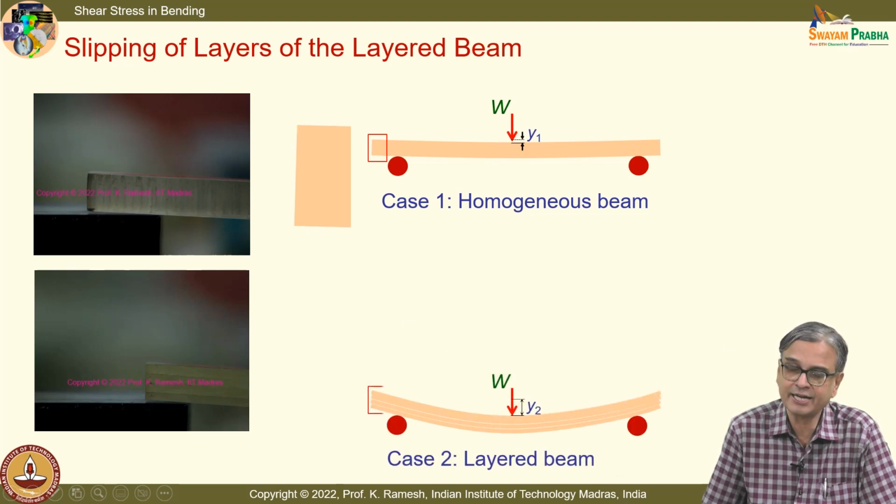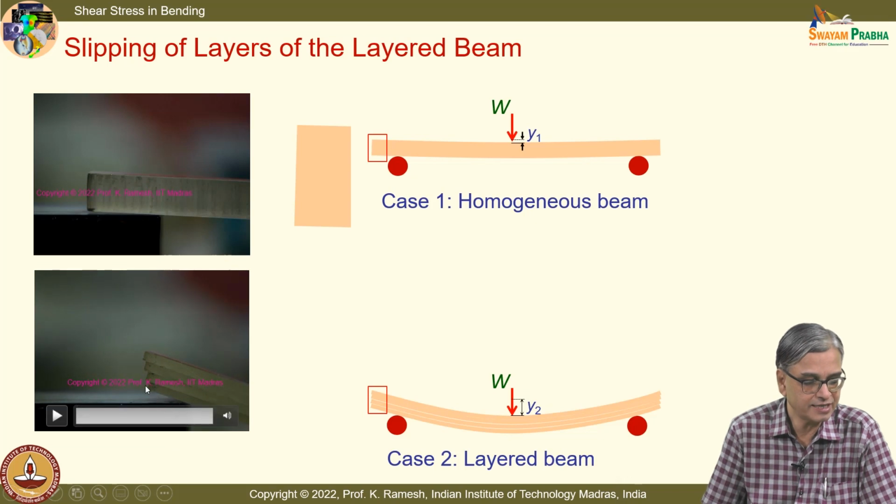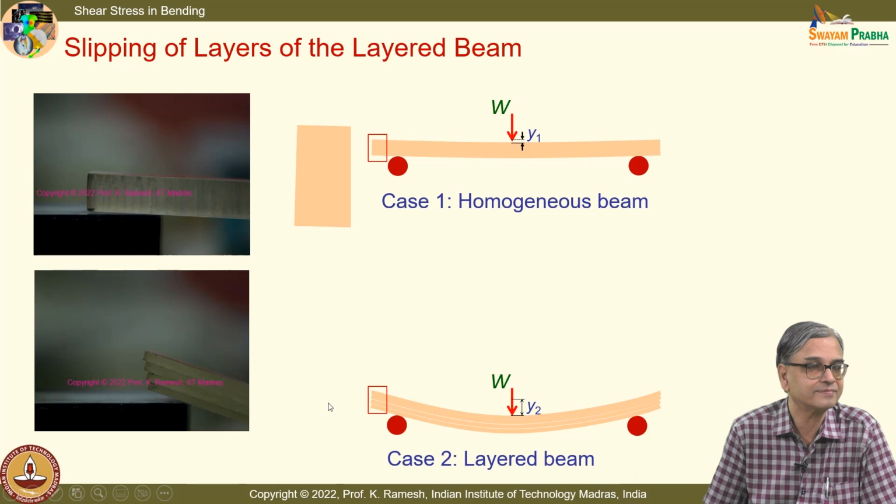Now I have a layered beam. Even here I only focus my attention on this and find out what happens. Okay. Can you see? There is something interesting happening. Was this edge remain straight? It does not remain straight.